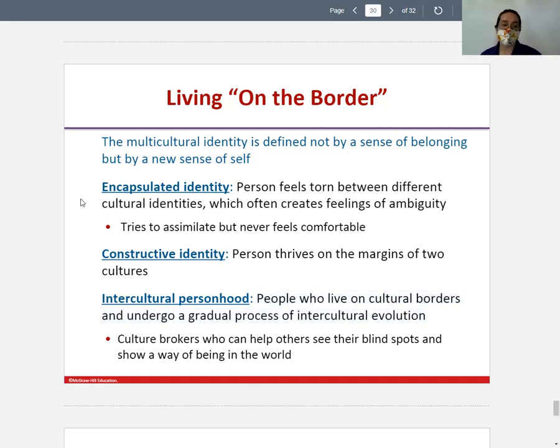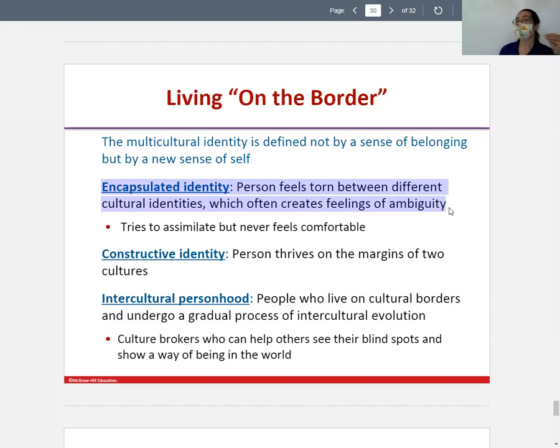Unfortunately, you can also create an encapsulated identity where you might be torn between different identities. So you might have trouble making decisions, be troubled by ambiguity, or feel pressure from both groups. Let's say you're someone from India who marries an American. Those are two very, very different cultures.